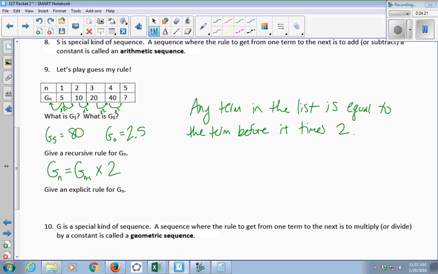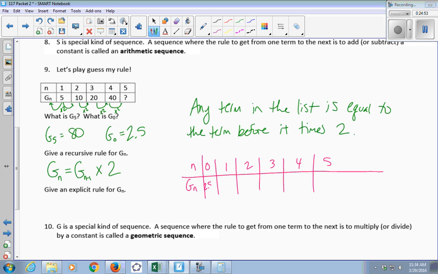As sort of a general rule, writing an explicit formula is a little bit harder than writing a recursive formula. So if I want to give an explicit rule for G sub n, it might help a little bit if I rewrite my table here, all my values in it, 0, 1, 2, 3.